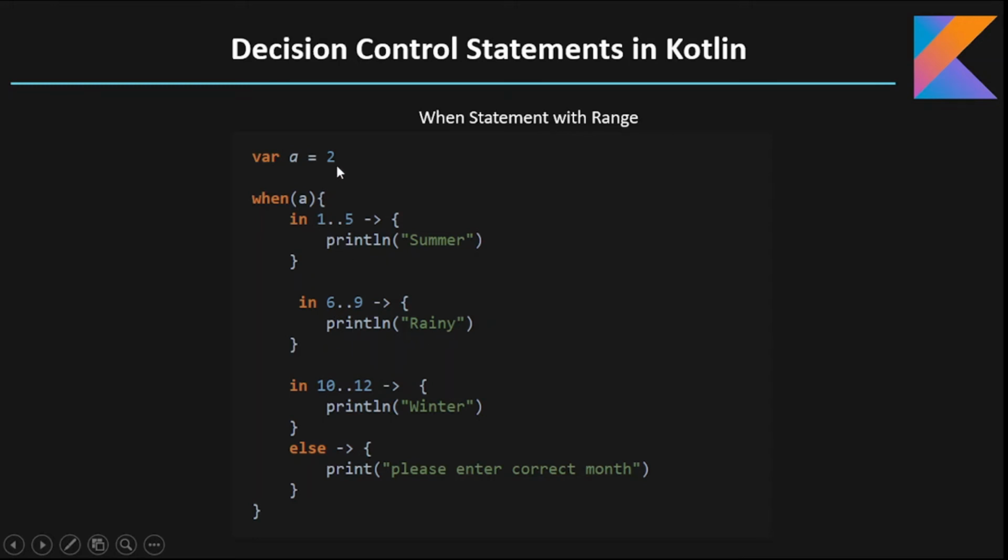What if I enter some random number, like 100? In this scenario it will go through all three cases, and since none of the cases match the provided value, it will execute this else block and return please enter the correct value. So I hope you realize the use of the else block.